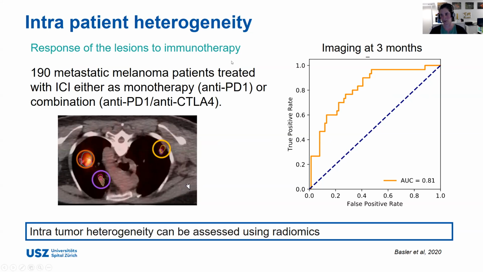We looked at a time point at 3 months in PET and CT imaging, and we did a lesion-specific prognosis of whether a specific lesion is responding or not. That would help us, for example, in radiation oncology, because we could radiate this specific lesion early, and the patient could stay on his immunotherapy. So intratumor heterogeneity can be captured using imaging biomarkers.